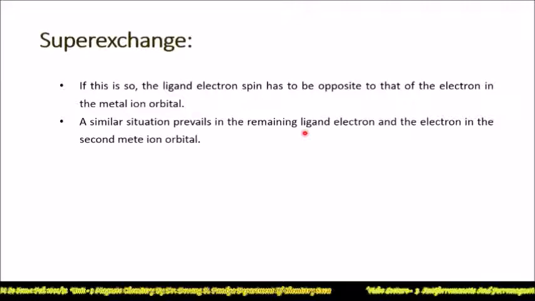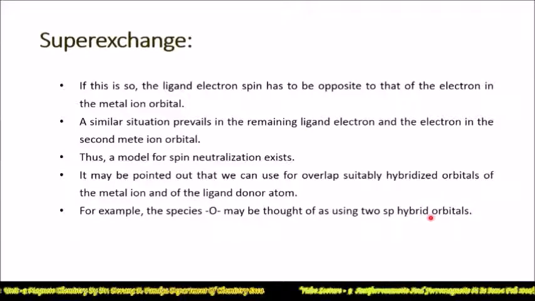It may be pointed out that we can use for overlap suitably hybridized orbitals of the metal ion and of the ligand donor atom. For example, the bridging oxygen may be thought of as using two sp hybrid orbitals.